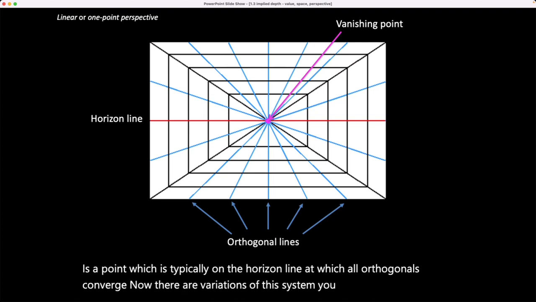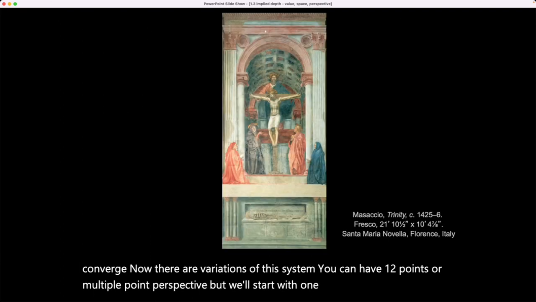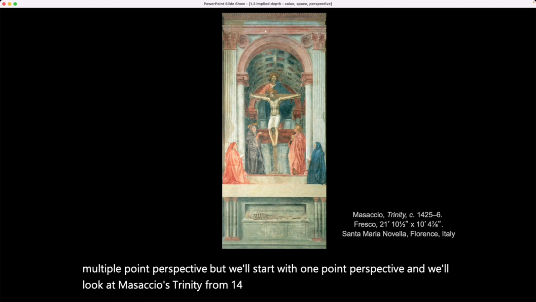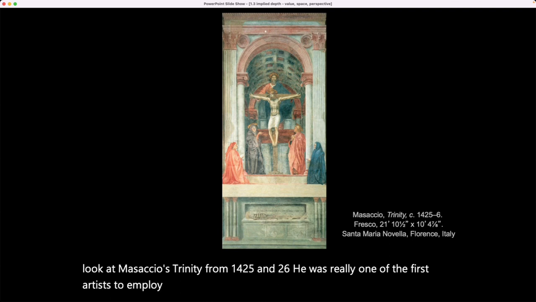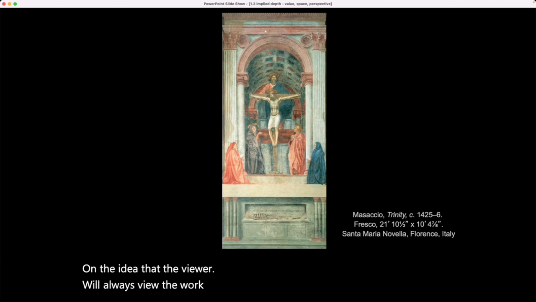Now, there are variations of this system. You can have 1 point, 2 point, or multiple point perspective, but we'll start with 1 point perspective. And we'll look at Masaccio's Trinity from 1425 and 26. He was really one of the first artists to employ 1 point perspective, which relies on the idea that the viewer will always view the work from a singular fixed point.